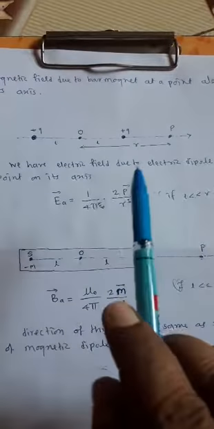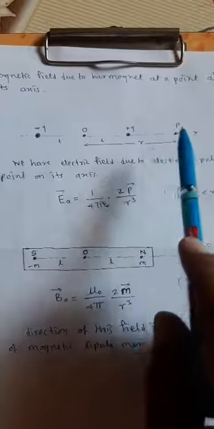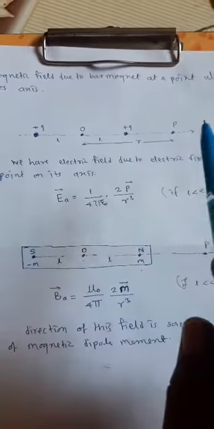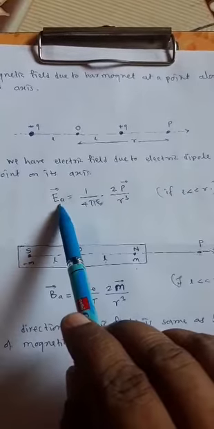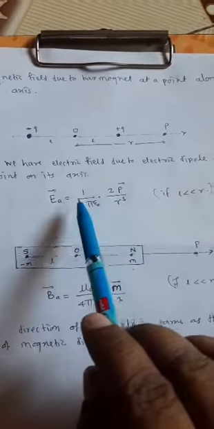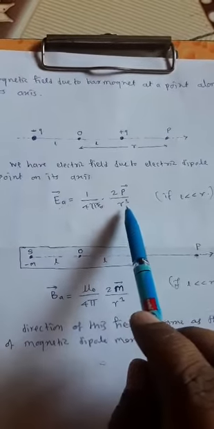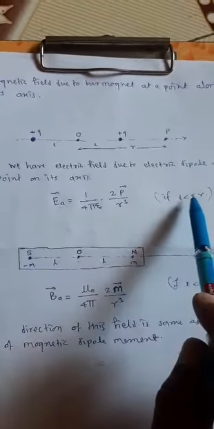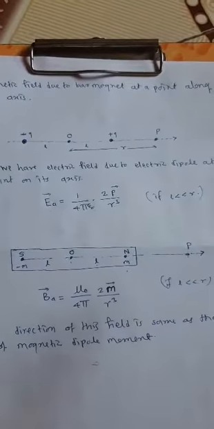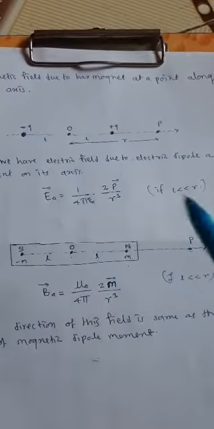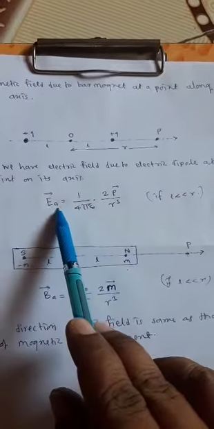And we have derived the expression for electric field at point P due to this dipole. It is given by E_A = (1/4πε₀) × 2p/r³, if the value of l is very small as compared to r. This is the expression for electric field or intensity of electric field.